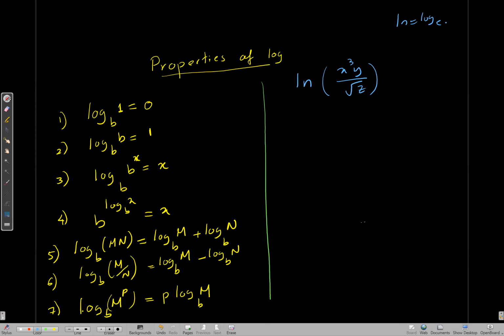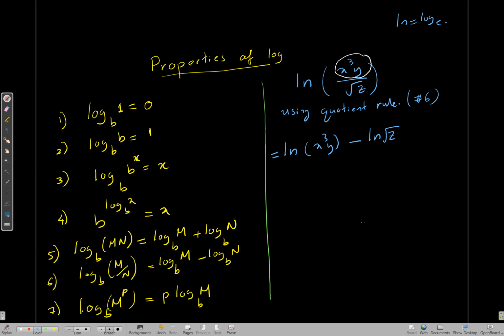So first, using the quotient rule, or in this case, property number 6, I'll treat x cubed y, the whole thing, as my m. So I will have ln of x cubed y minus ln of the square root of z, right?